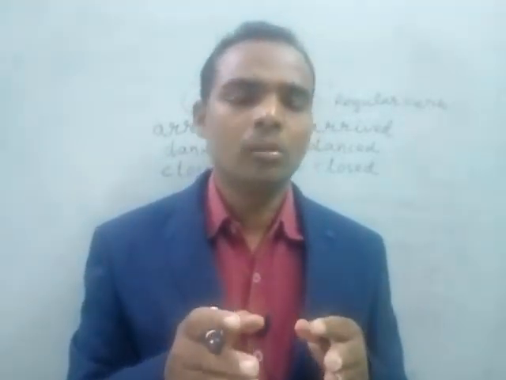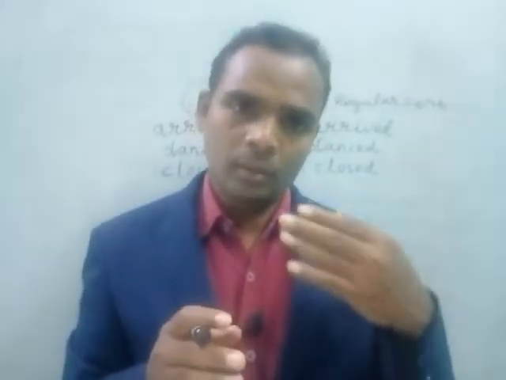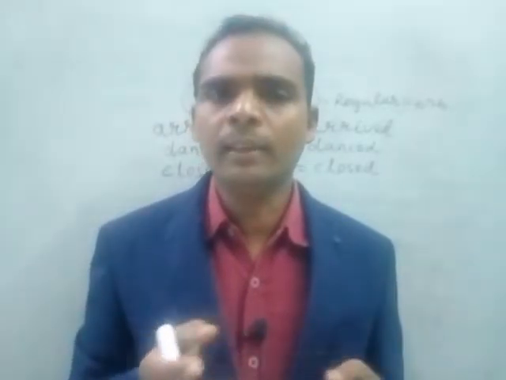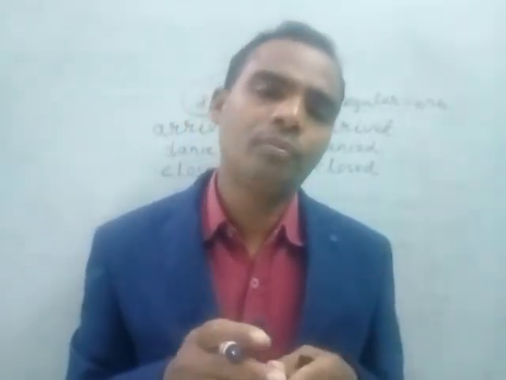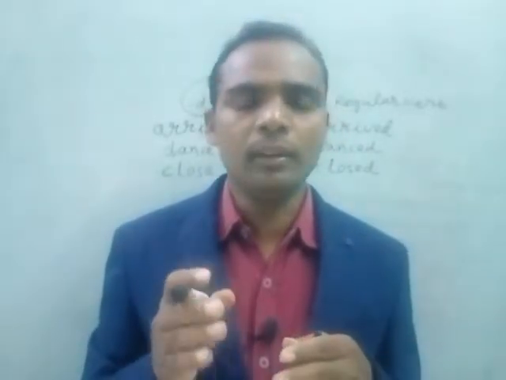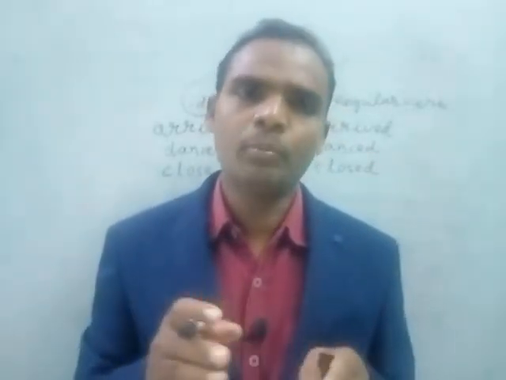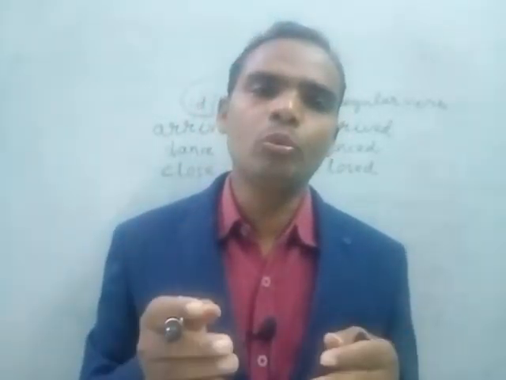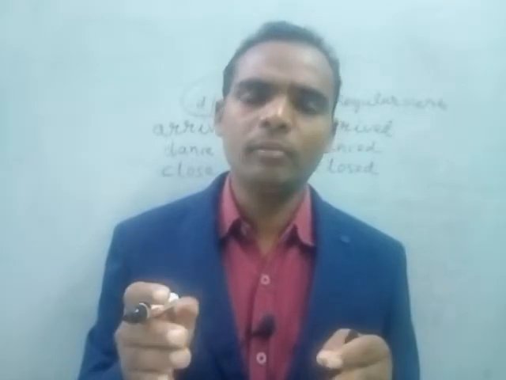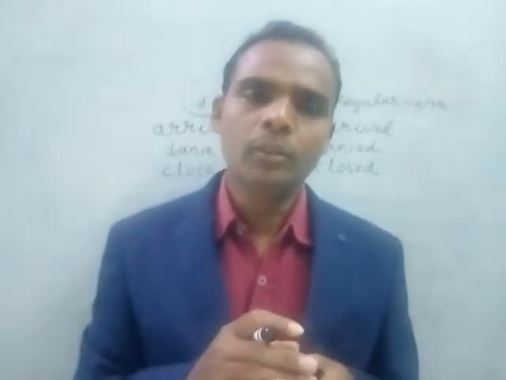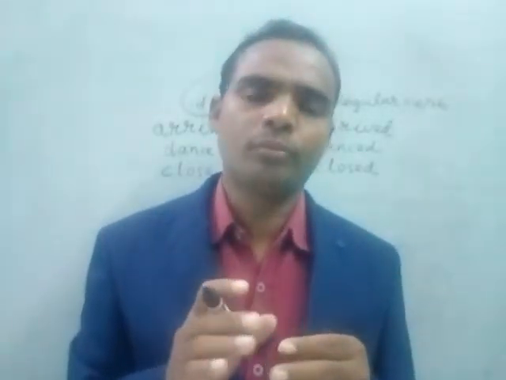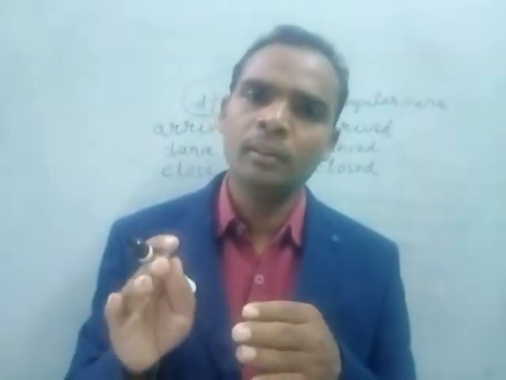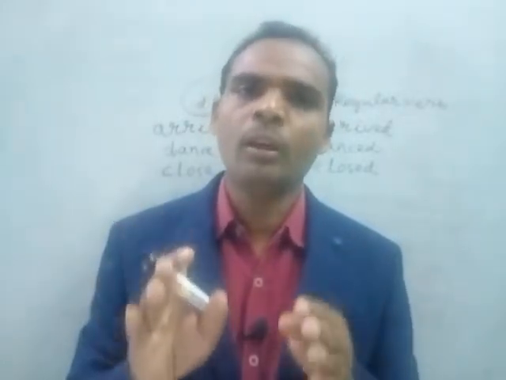This is the regular verbs. I am giving some more examples. Suppose die, D-I-E, died, D-I-E-D. Love, L-O-V-E. Here also ending E, loved. You have to add only D. Prove, P-R-O-V-E. If you add only D, then proved. So if a verb ends with E, you have to add only D. This is the regular verb.